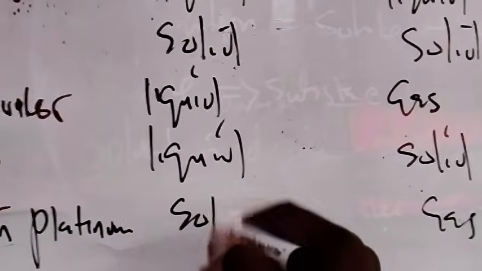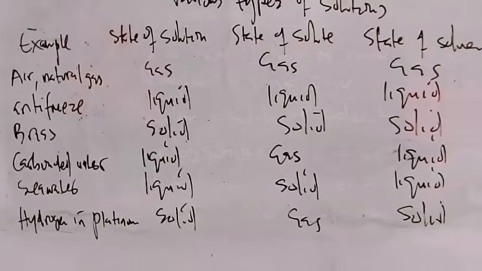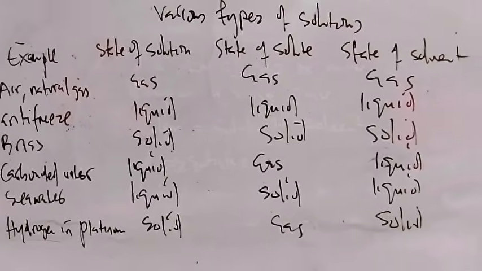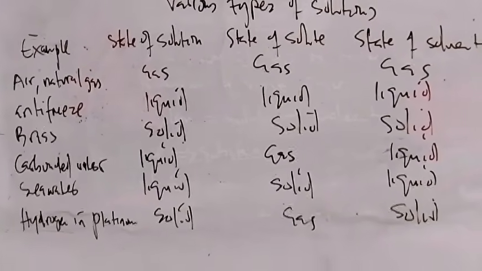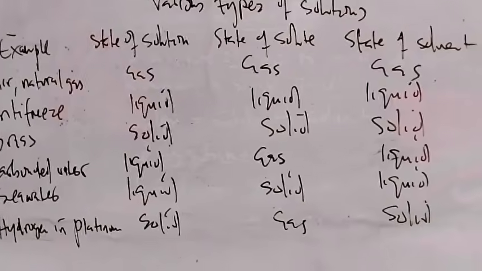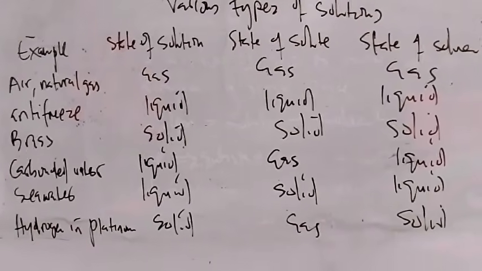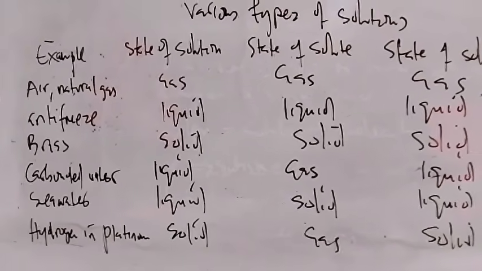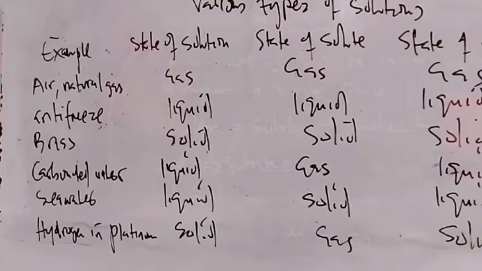Platinum is a solid. So these are the various types of solutions. You can see clearly here that a solution is not only a liquid, it can be a gas, liquid, or solid.